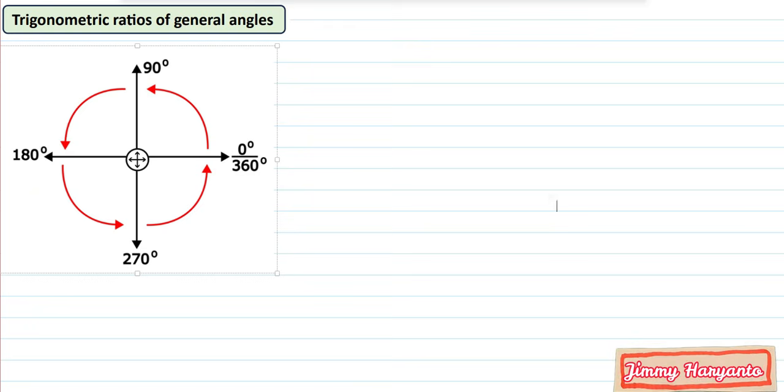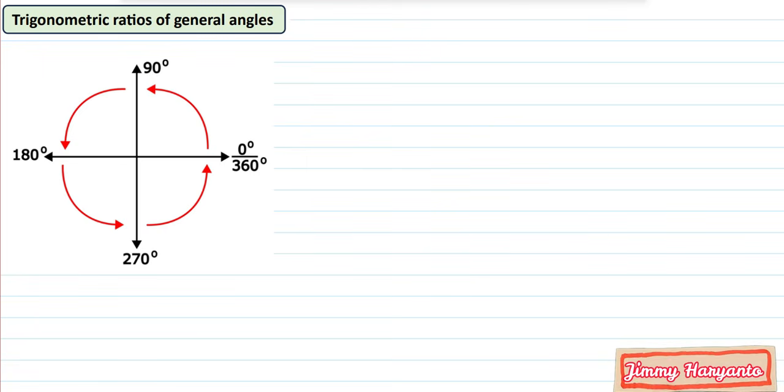Okay, so first I want to teach you that positive angles in Cartesian will be shown like this. Yeah, so it starts from the x positive axis, it's 0 degrees, and then the angle will be increasing as the direction of the rotation is anti-clockwise.